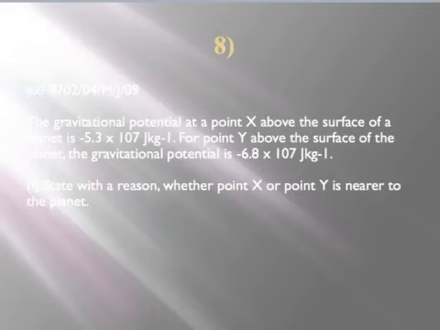Point x must be nearer to the infinity. Oh, sorry, they're asking nearer to the planet. So in that case, it's point y for the same reason I just explained, but in reverse. So point y is closer because its value of potential is further from 0, and therefore it's further from infinity.